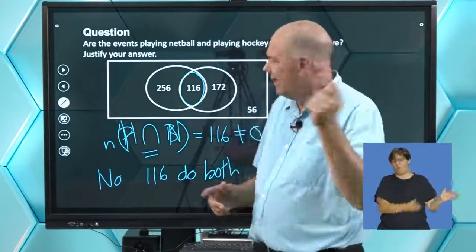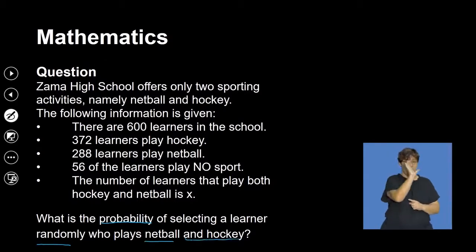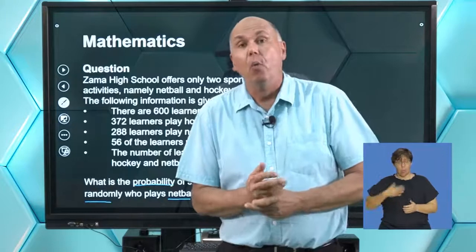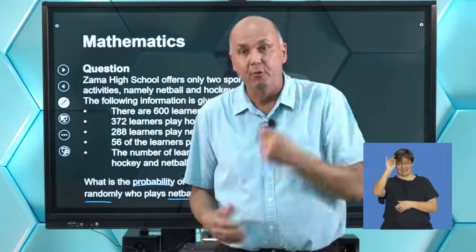Let's do another question on the same scenario. And so the scenario is this: what is the probability of selecting a learner randomly who plays netball and hockey? So we know that there are 116 of these learners, and we want to know what is the probability of selecting them at random.